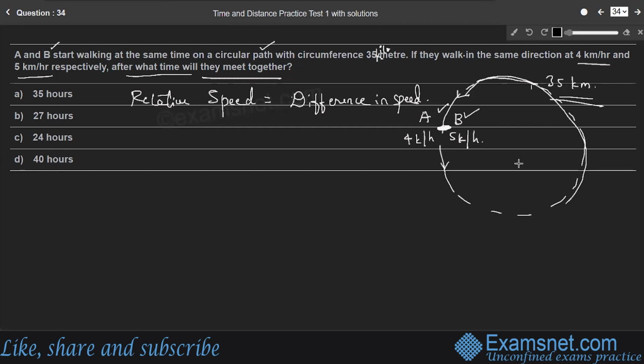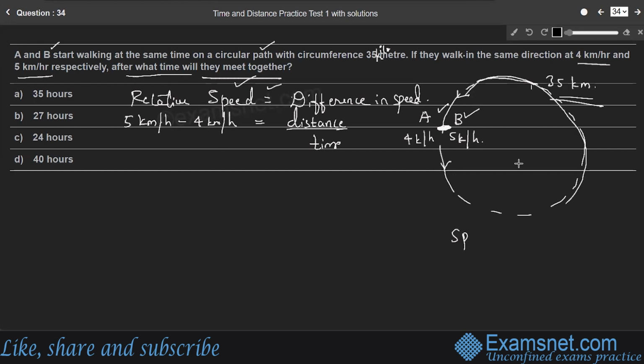On a circular path, they are walking in the same direction. Therefore, their relative speed, according to the concept, is the difference in their speeds, which is 5 kilometer per hour minus 4 kilometer per hour. The general formula for speed is always distance by time. Relative speed, in general terms, we can define as the speed of one body with respect to another body.